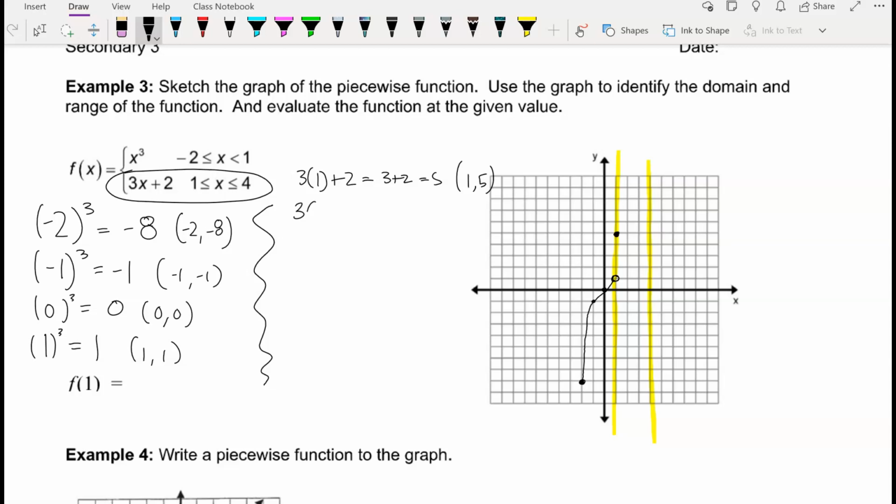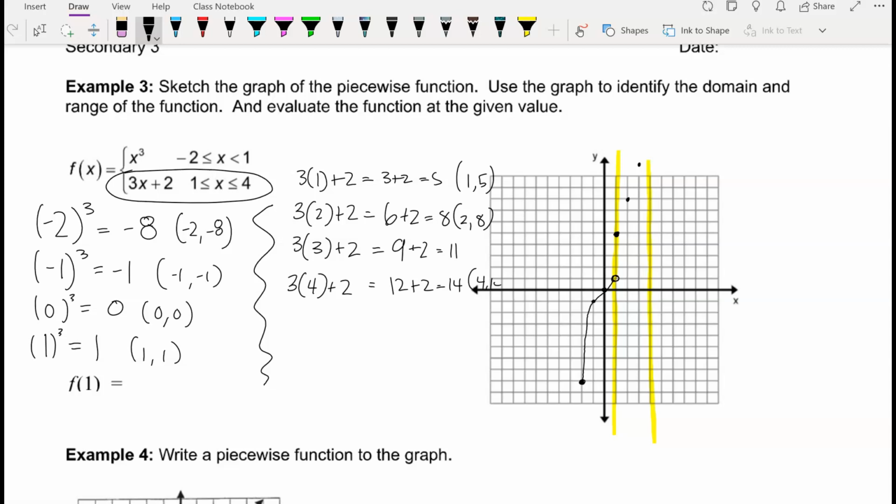And then at 2, so 6 plus 2 is 8. So 2, 8. Then at 3, so 11, which is here, and 4, so 12 plus 2, which is 14.